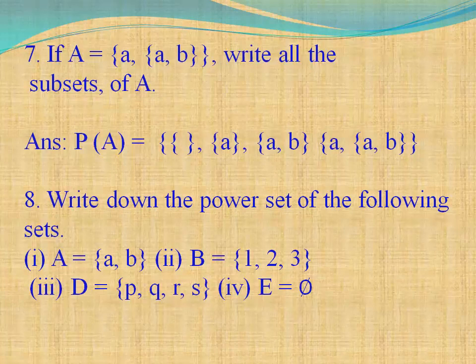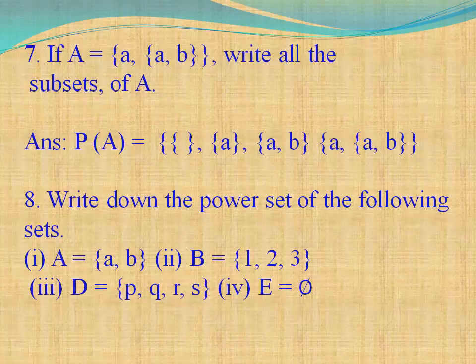That is one subset, and the same set is also a subset of itself. So the same set I am writing here. So empty set, {a} one subset, {{a, b}} one subset, and {a, {a, b}}. Okay, these are all the subsets of A.